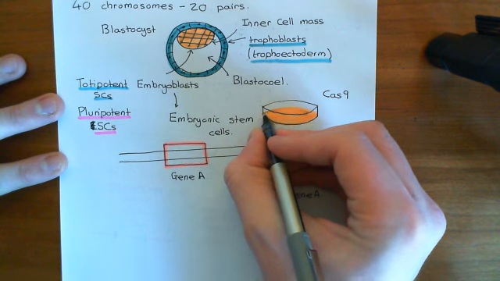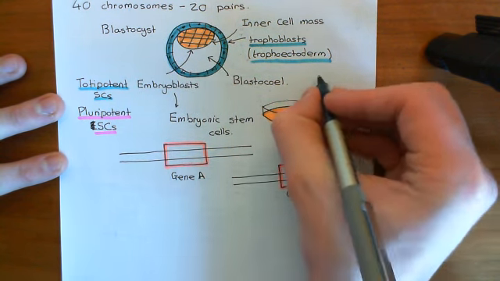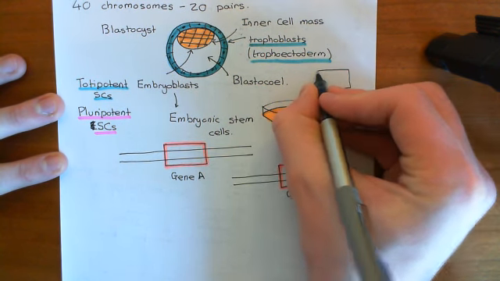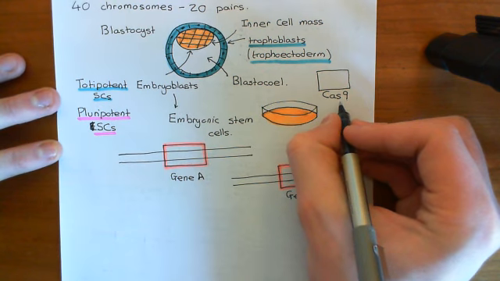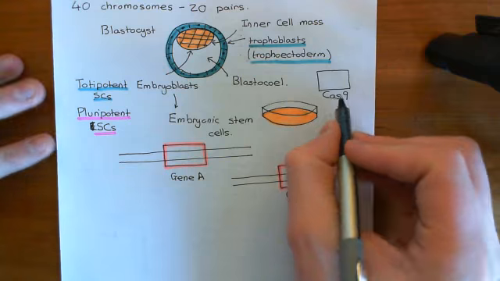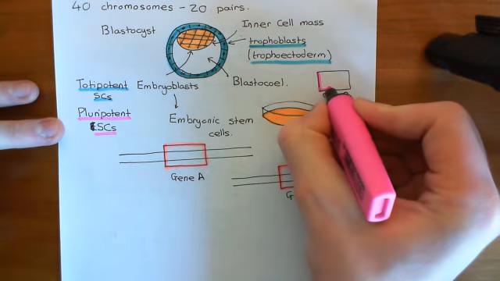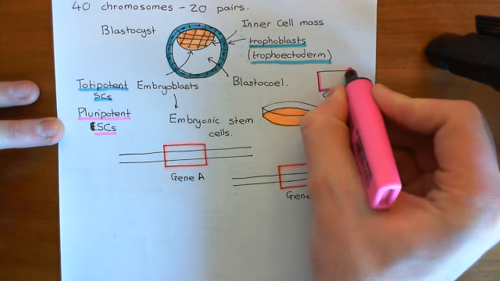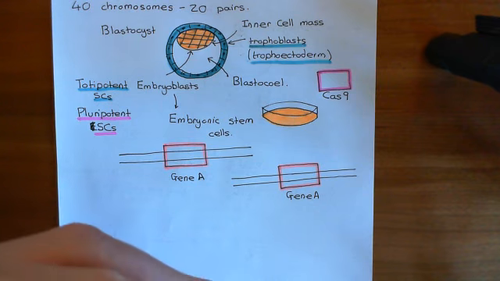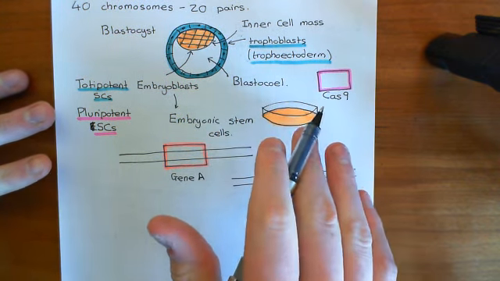Mice embryonic stem cells should not have Cas9 within them. Cas9 comes from a bacterial cell, but we have taken the gene from bacterial cells and put it into embryonic stem cells of mice. So these cells are already full of Cas9, basically.